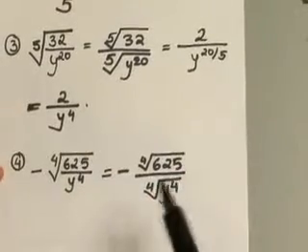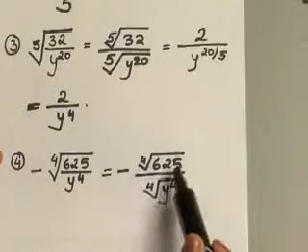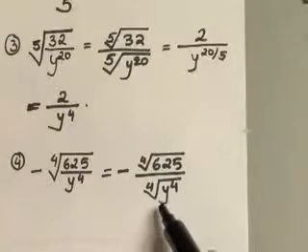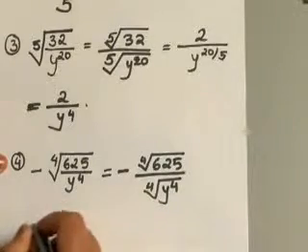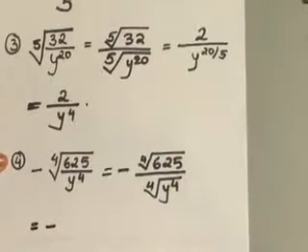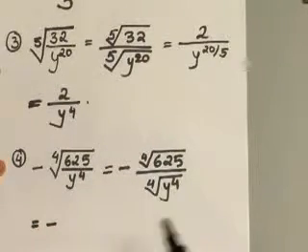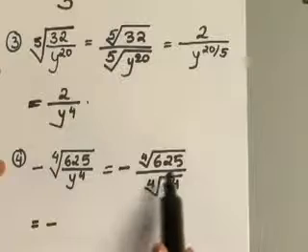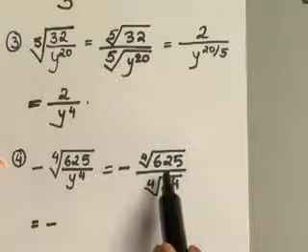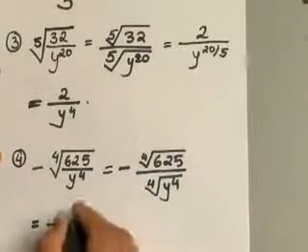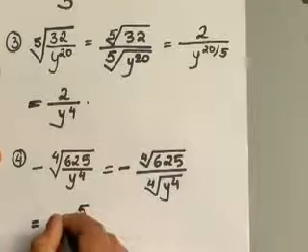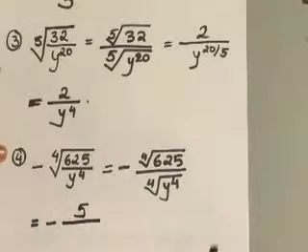And you'll see we end up with fourth root of 625 over fourth root of y to the 4th. Again, bring your negative first. Fourth root of 625, again, what number multiplied into itself 4 times will give you 625, and that answer will be 5.